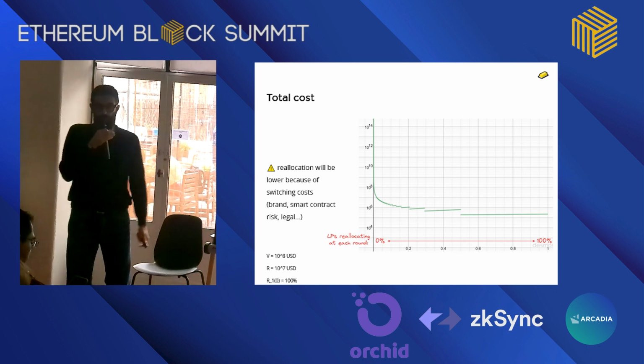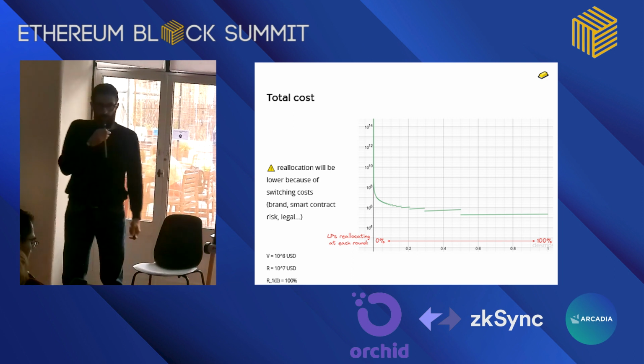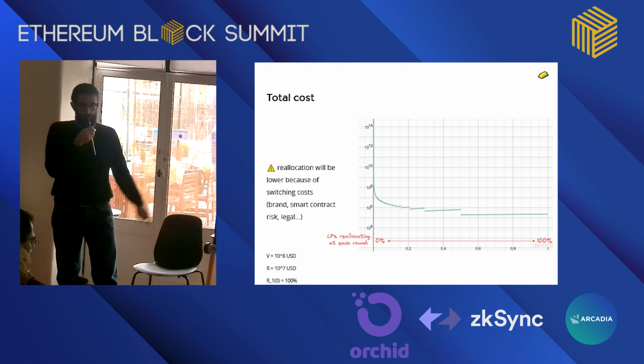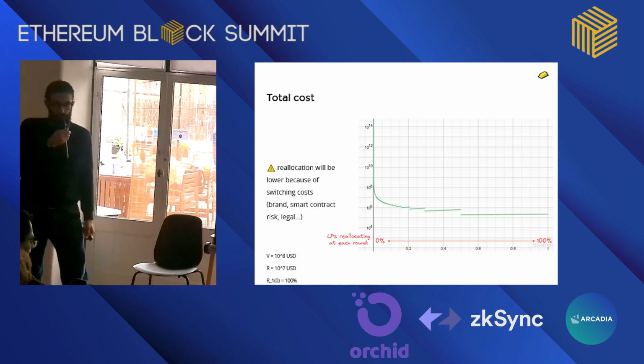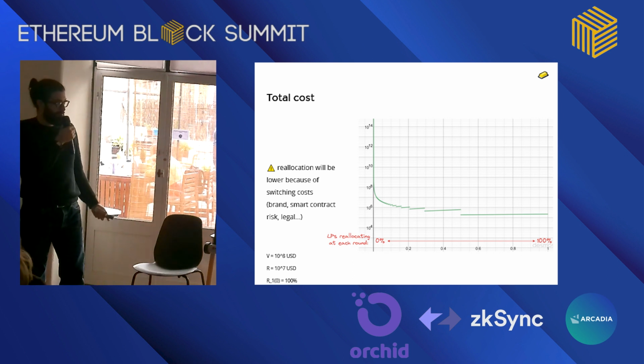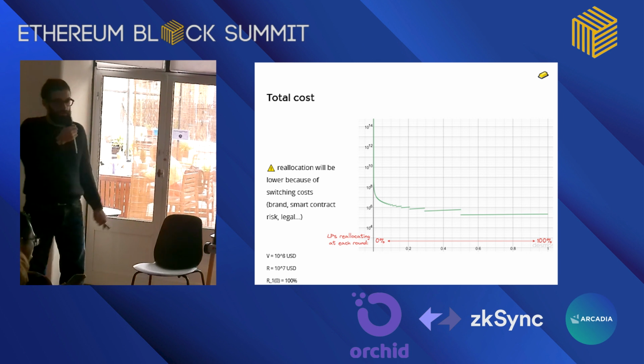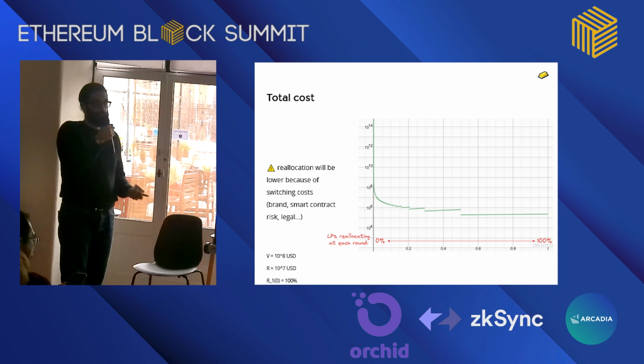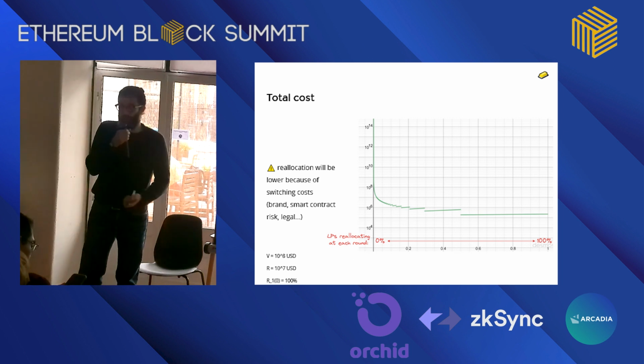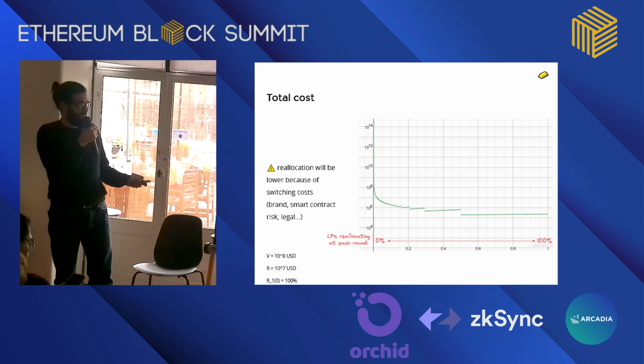That's the basic model. So yeah, we just ran some computations to know how much that would be. That depends on how many of the LPs are reallocating at each round. You can consider that as a rate of change, because obviously the rate of change depends on a lot of factors, like brand, smart contract risk, bigger risks.